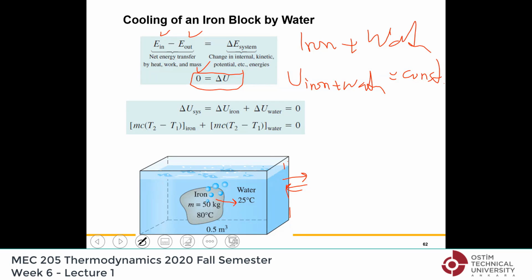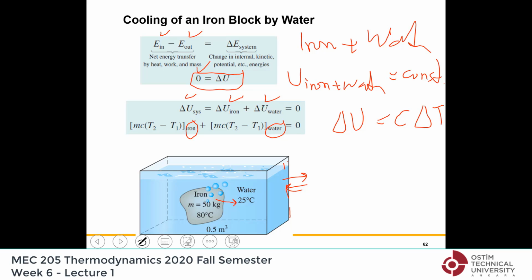So the sum of delta U iron and delta U water. But delta U is, for incompressible substances, C delta T, right? Therefore, we can write it as mC(T2 minus T1) iron, and then mC(T2 minus T1) water. Okay, one of them will be positive, the other one will be negative.